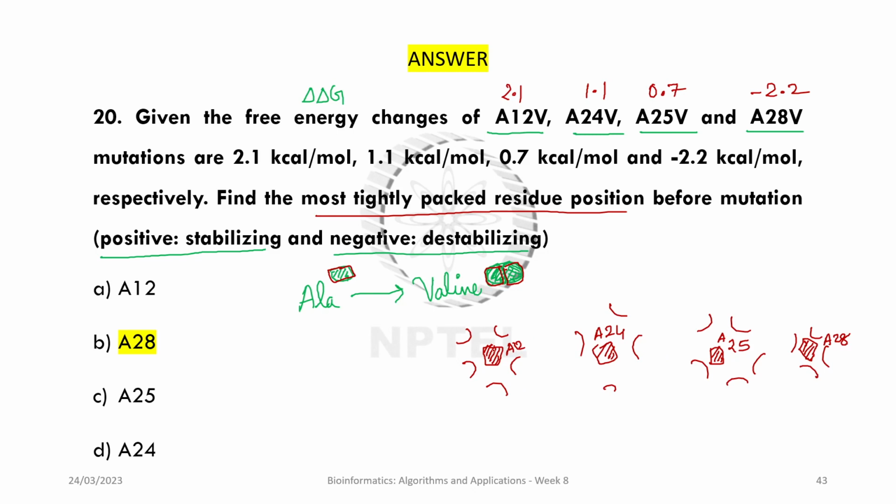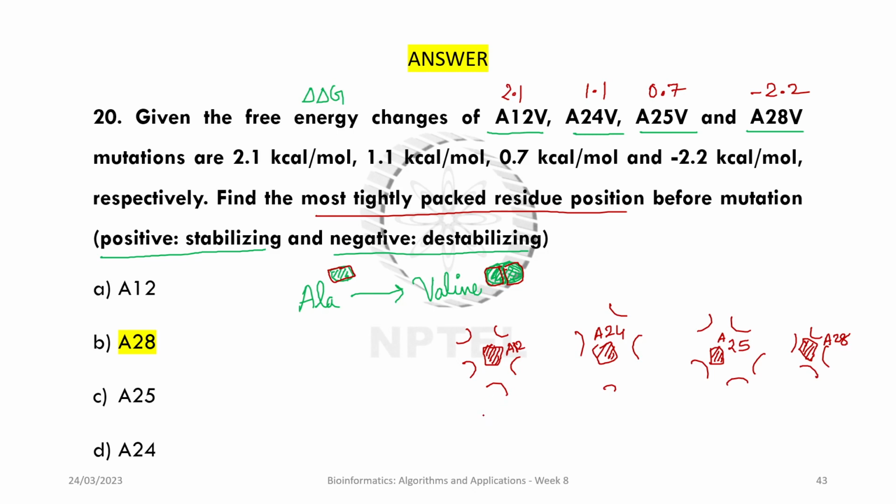So in each of these cases there's some gap, or imagine it is loosely packed, so that alanine being replaced with valine is actually stabilizing the position, because it probably is in the core. The replacement with valine is giving it more stability, where valine is able to interact more, or decrease the distance between residues, so that they are able to have more attractive forces of interaction.